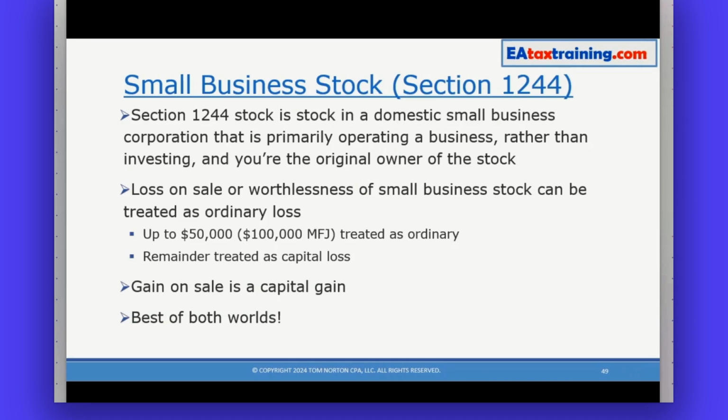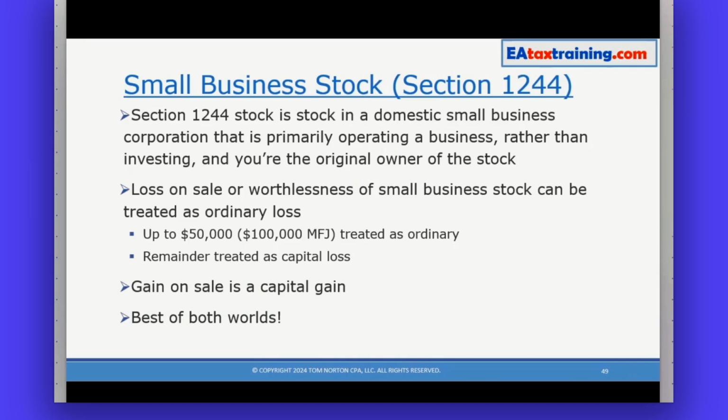The loss on the sale or worthlessness of small business stock can be treated as an ordinary loss. So remember, usually you own stock in a corporation, that is a capital asset, and any loss would be a capital loss, and capital losses are limited.